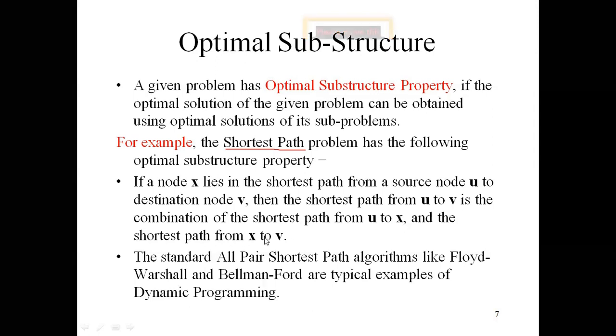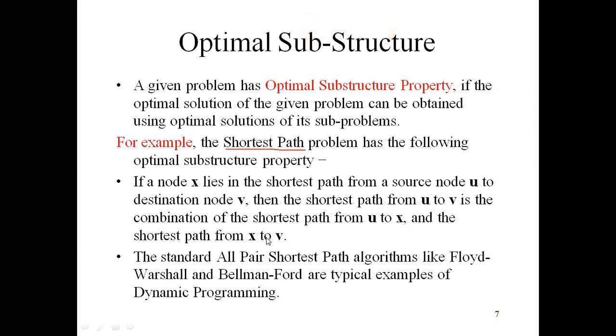So there is an intermediate node X in the shortest path. Then the shortest path is the combination of the shortest path from U to X and also the shortest path from X to V. For example, when you want to go to Vijayawada from Yeluru, at the intermediate step we have Hanuman Junction.